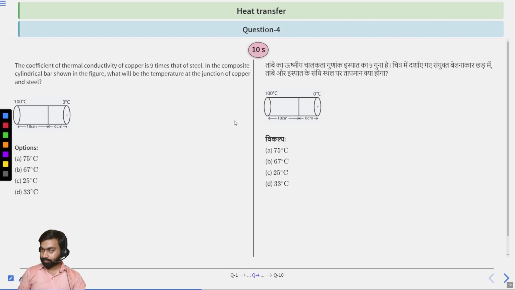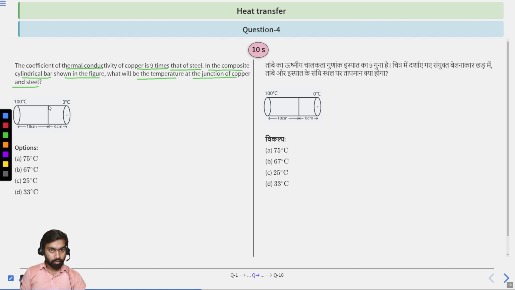Question 4. The coefficient of thermal conductivity of copper is 9 times that of steel. In the composite cylindrical bar shown in the figure, what will be the temperature at the junction of the copper and steel?